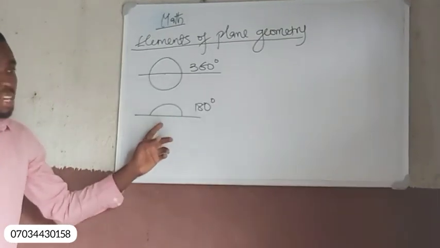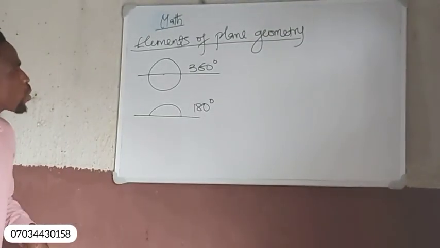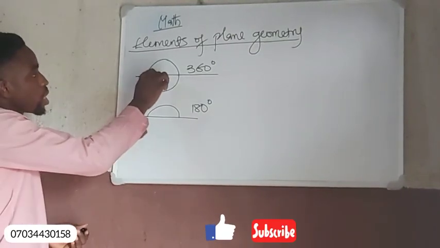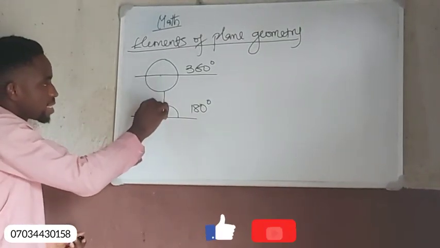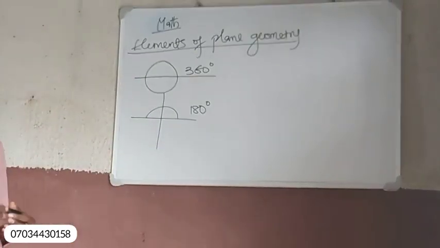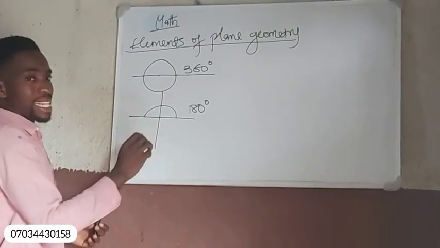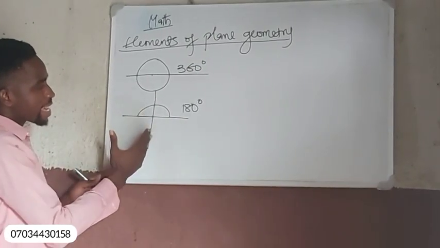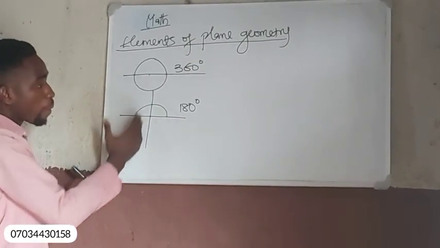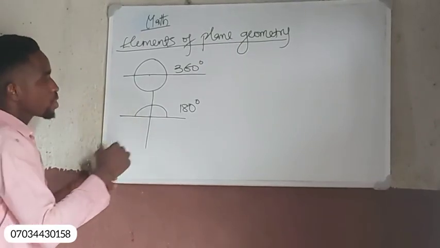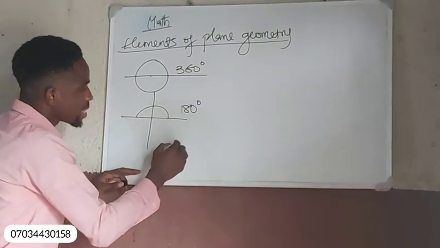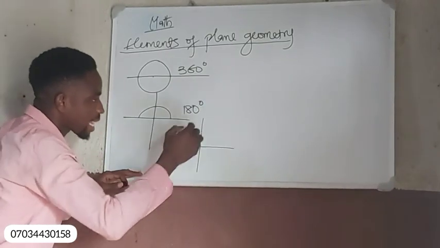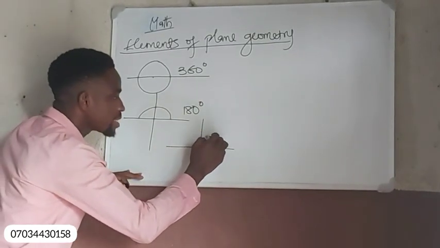And that is another important angle. We can go ahead and slice this into two equal parts again. Then we'll have an angle that is very, very important. This time around, we have divided our circle into four parts or four quadrants. So you now see that we have a vertical line and a horizontal line, and an angle is formed there.